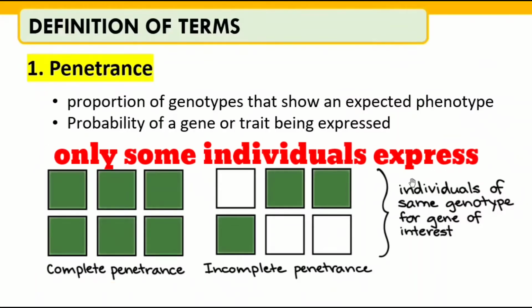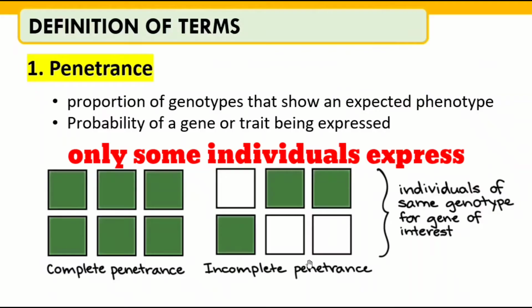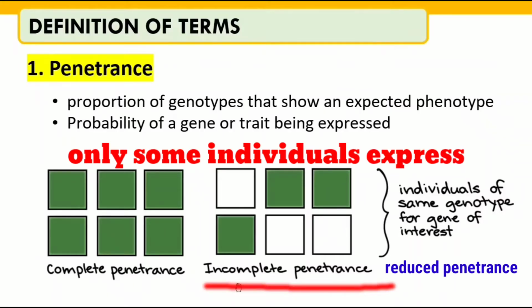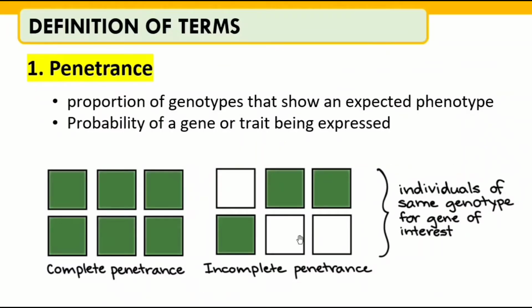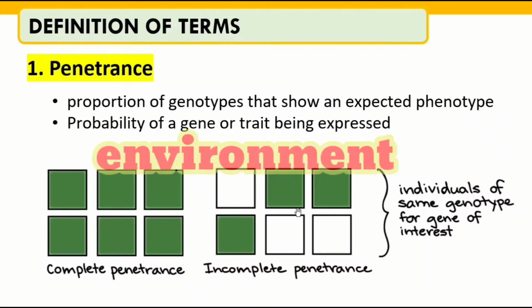But if only some individuals, so few individuals lang yung nag-express ng expected phenotype, then that is incomplete penetrance, or this is sometimes called reduced penetrance. Okay? So, pare-pareho lang yung genotype ng individuals na ito, but not all of them express the expected phenotype for that particular genotype. Because, again, nasabi natin sa discussion natin a while ago that it is influenced by the environment.